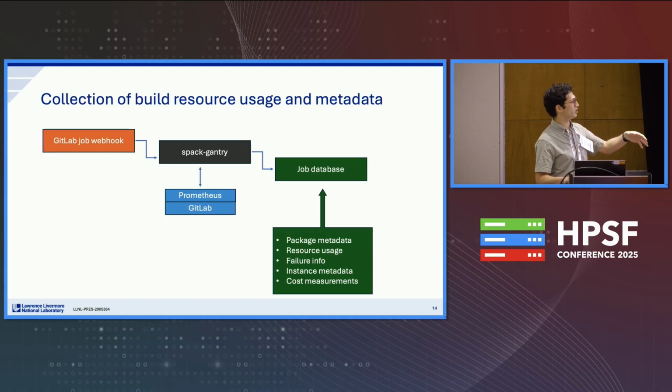That gets put in a job database. We have the package metadata, we have the resource usage, whether the job failed and the reason for that failure, and information about the AWS instance where that job was compiled. So we have the target and we have the processor of that build. And I'll talk a little bit later about how we're measuring costs, but that's also something that we're measuring here.